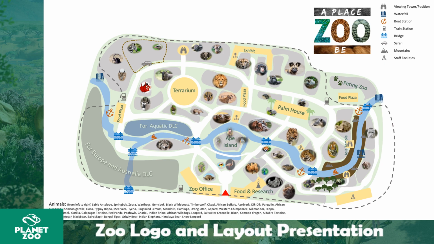Let's go further this way, across the bridge, across another bridge, and then you are at a food plaza, and here you have this sign. This sign means it's a boat station. I plan to have a river boat course here at the river.